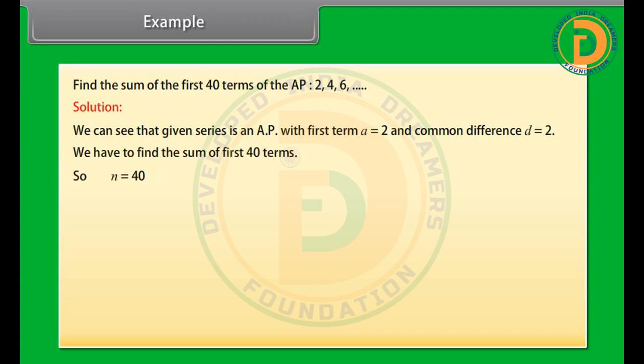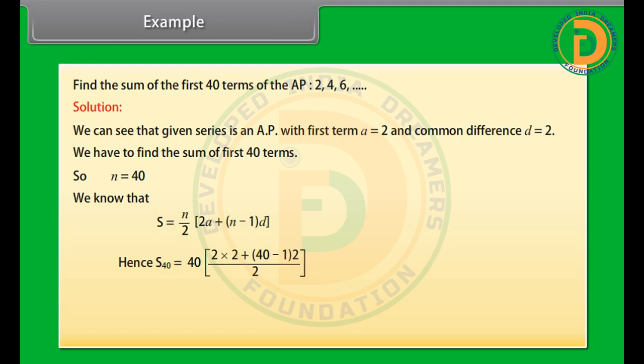So, n is equal to 40. We know that S is equal to n upon 2 into (2a plus (n minus 1) into d). Hence, S40 is equal to 40 upon 2 into (2 into 2 plus (40 minus 1) into 2), which is equal to 1640. So, the sum of the first 40 terms of the AP is 1640.